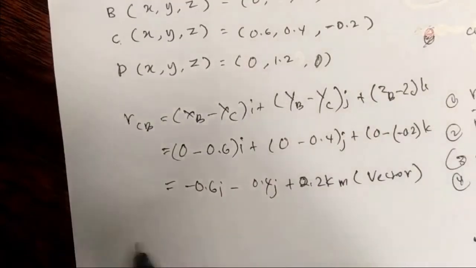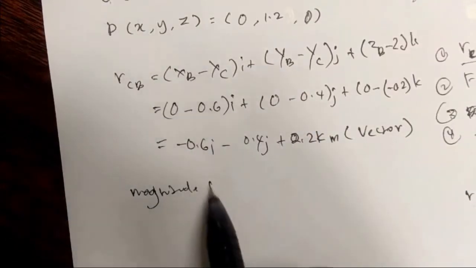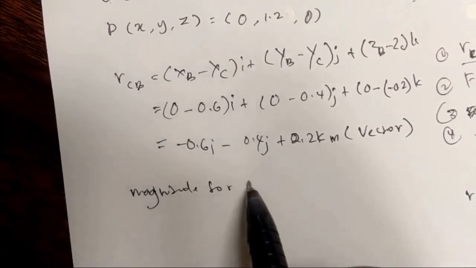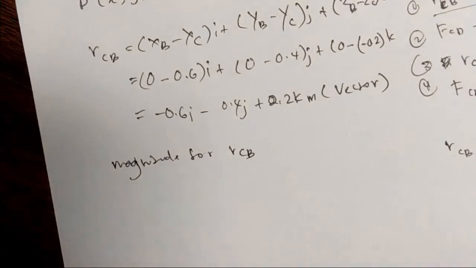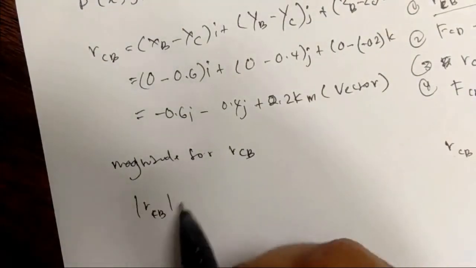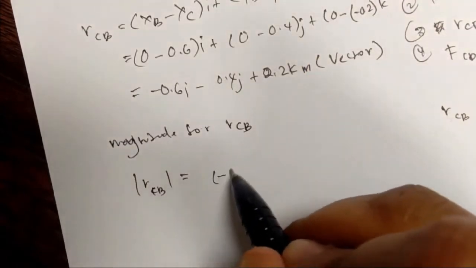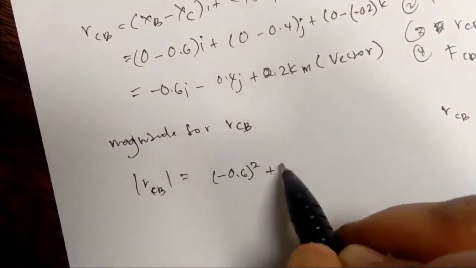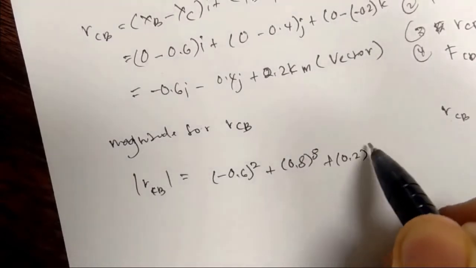So for the magnitude of RCB, as usual, you need to square and square root: 0.6 squared, 0.8 squared plus 0.2 squared.